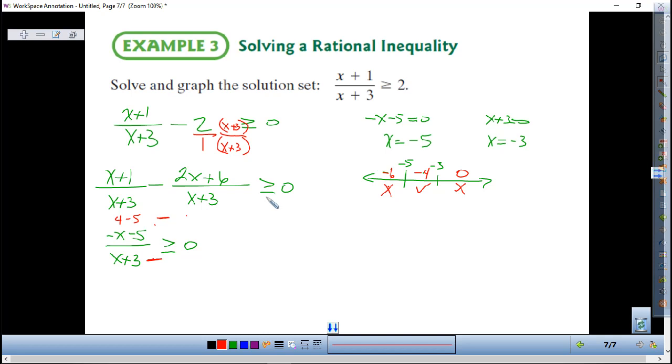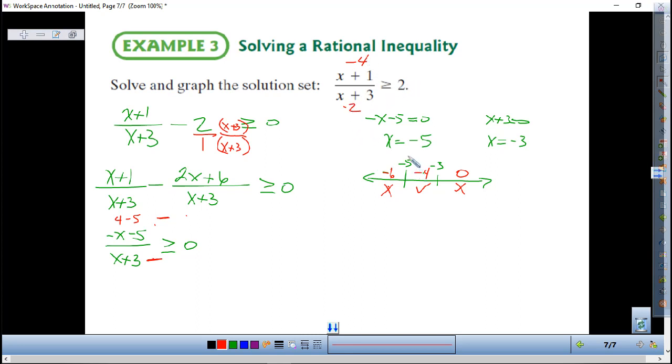Now, because of the greater than or equal to, we're going to go back and plug these two in just to double check. Which one's going to make this true? Is one of them going to make it true and one of them not? We just want to double check. So if I choose -5, I'm going to have -5 plus 1, which is -4, and -5 plus 3, which is -2. -4 divided by -2 is equal to 2.